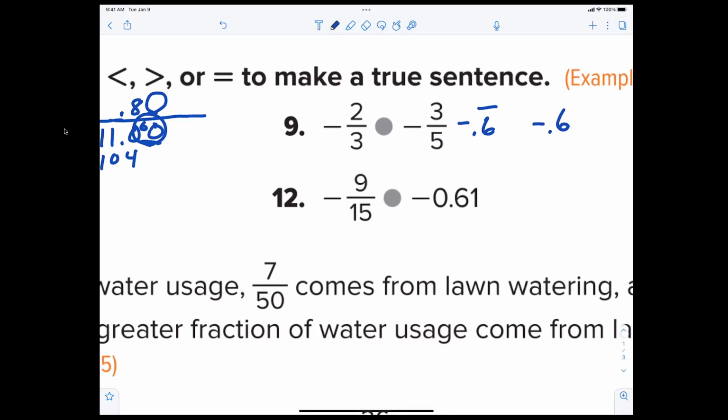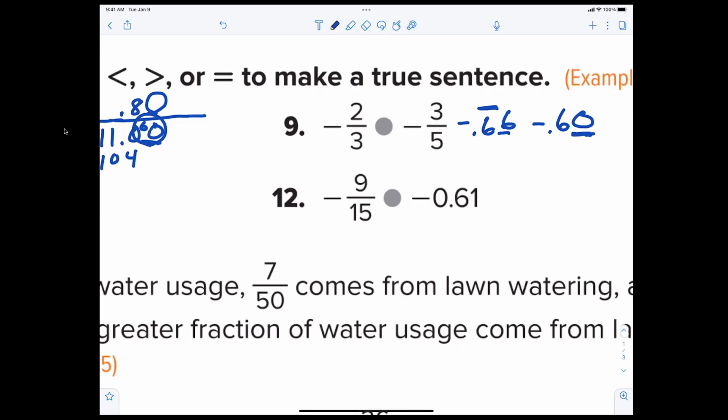You with me? You got the negatives and you got the decimals. So what numbers after the 0.6 here? What number goes here? 0. What number goes here? Nope. Because it's repeated, right? 6. So now you're looking at 66 and 60.